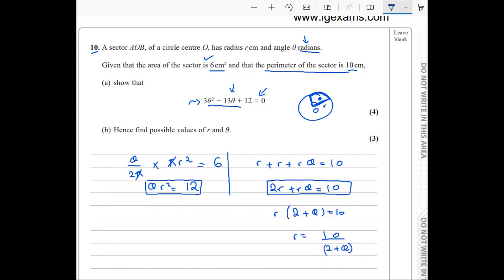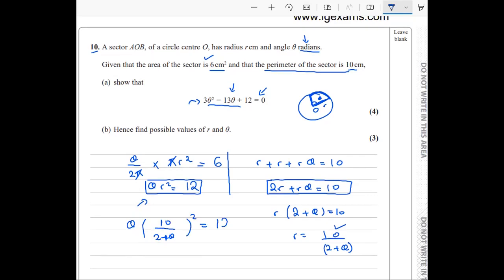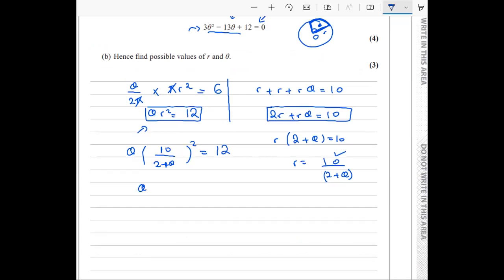And I can use this r in this equation just so everything is in terms of theta, and so I can get my answer. Theta multiplied by 100 over (2 plus theta) squared equals 12. I will take this (2 plus theta) squared to the other side. This is 100 theta equals 12 into (2 plus theta) squared.